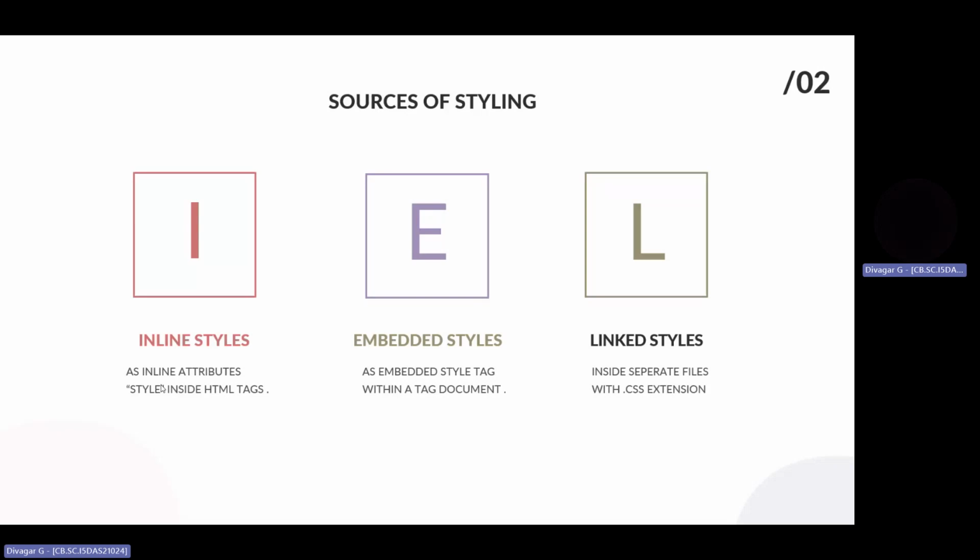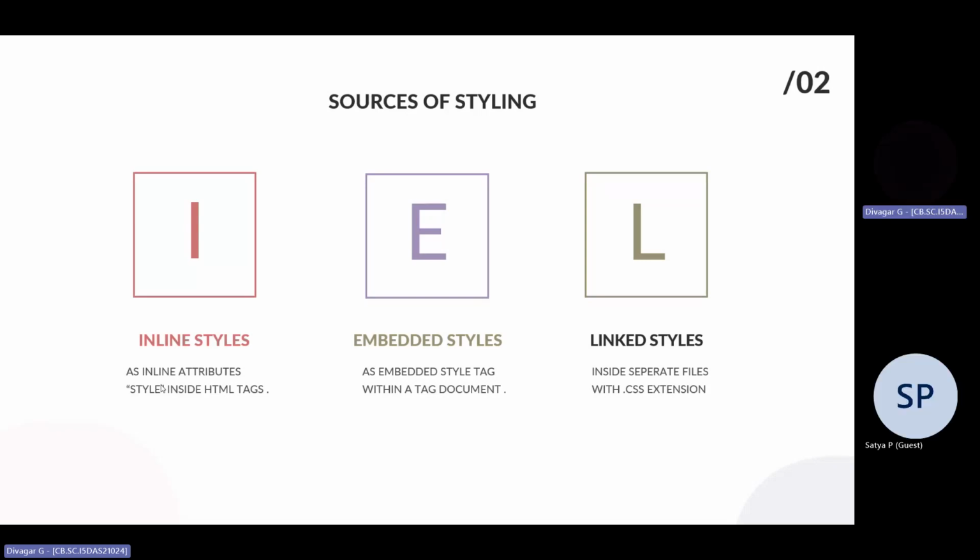This is called embedded. Linked style is like an extension. We will add a file with the extension .css, and in that CSS file we will add the styling. After adding the styling, we will link that styling file with our HTML page.